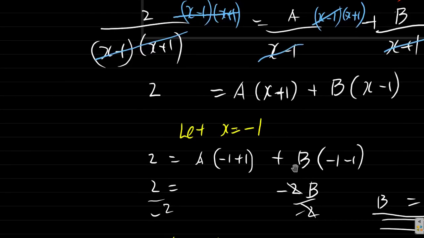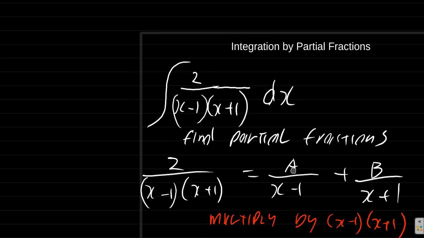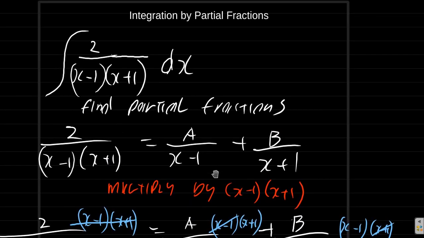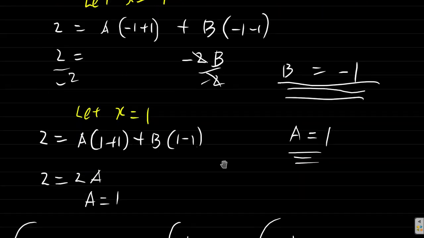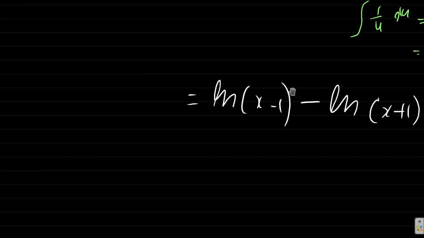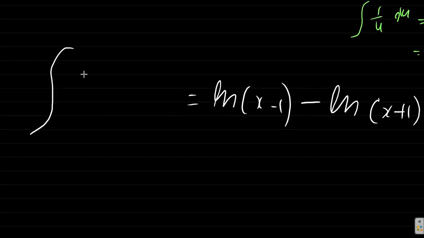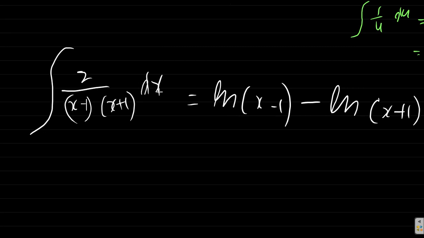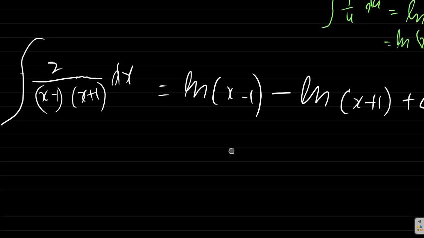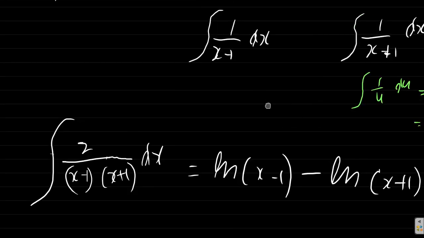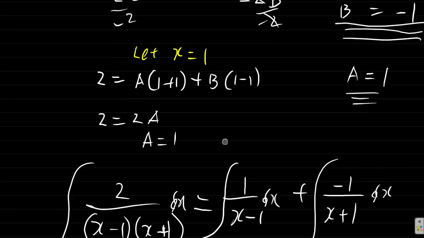So what you have, the integral of 2 over (x minus 1)(x plus 1) dx is equal to, oh, remember the 2.